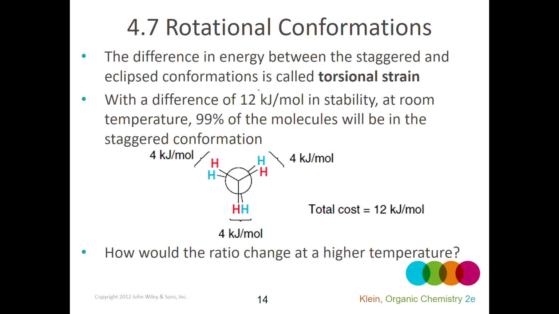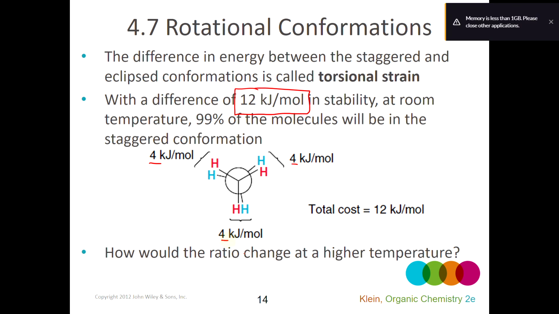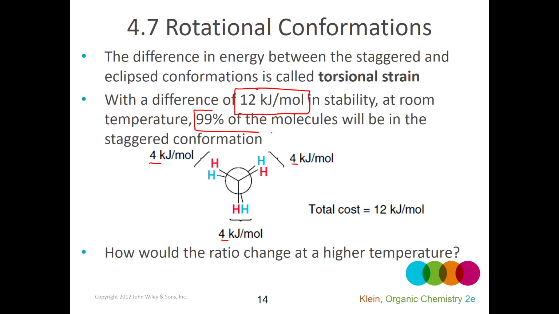So if it's 12 kilojoules per mole higher in energy to eclipse them, in total, that means each one of those interactions adds about 4 kilojoules per mole to the instability or energy. And that's enough that when it reaches equilibrium, about 99% of the molecules will be in the more stable staggered conformation.